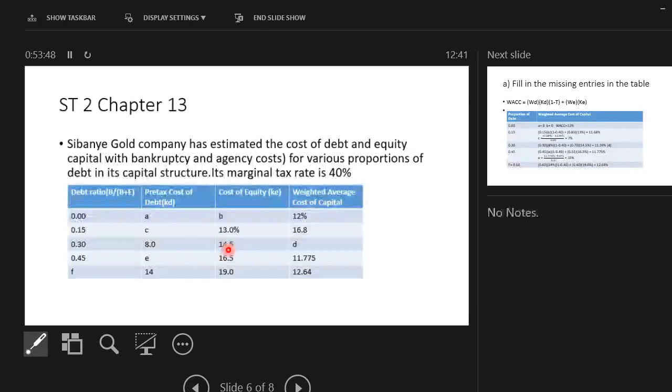That's the part I'm mostly interested in. If our portion of debt is 0.3, now you know. Once you get that part, it's going to give you a head start. That's the weight for equity. So the weight for equity is 0.70 multiplied by 14.5. You see, the potential is so much there.